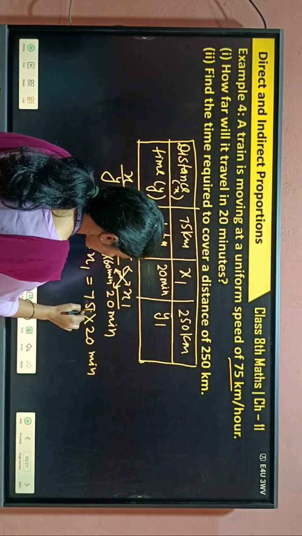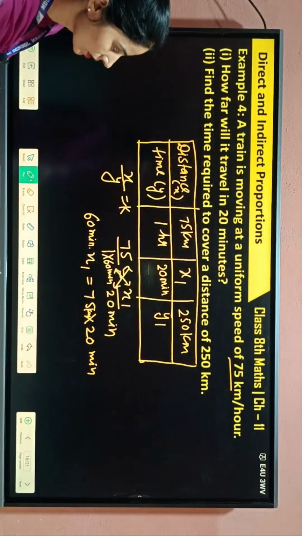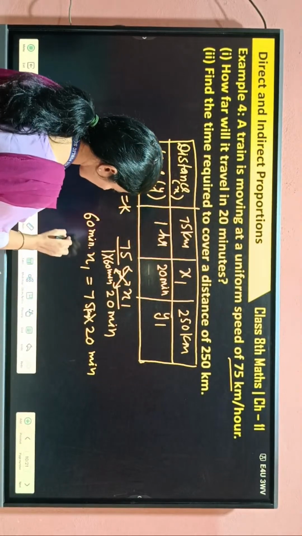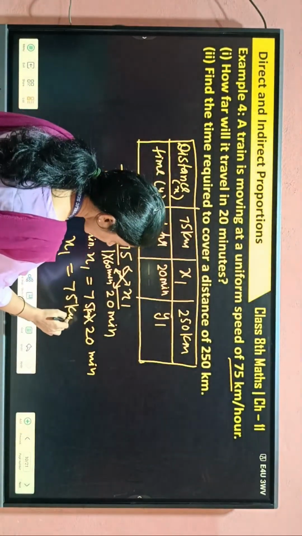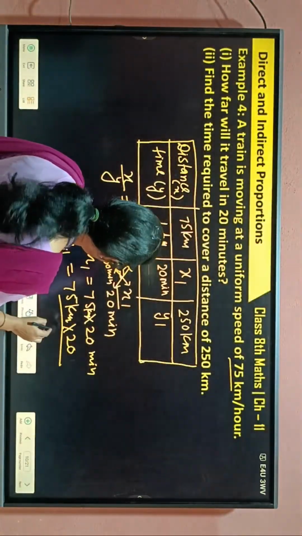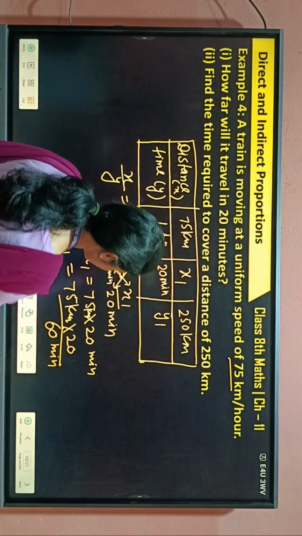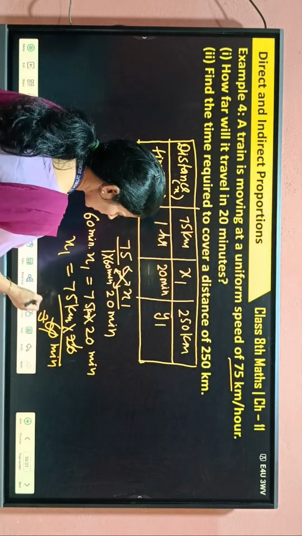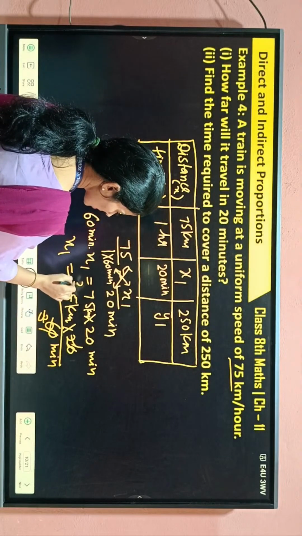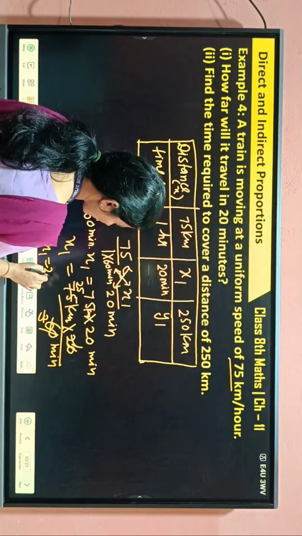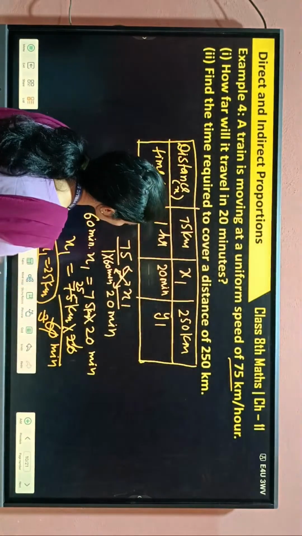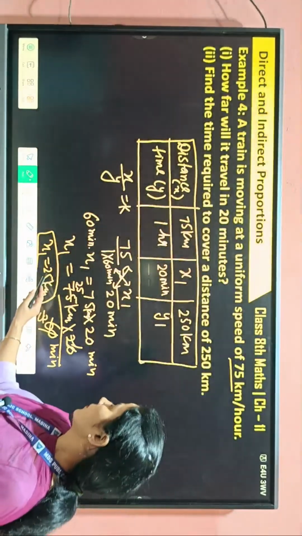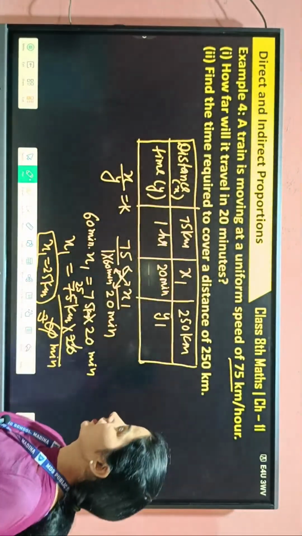We can also convert minutes to hour. x1 equals 75 kilometer into 20 by 60. 0 and 0 cancel, 2 1s are 2, 2 3s are 6, 6 3s are 18... so x1 equals 25 kilometer. In 20 minutes, the train will travel a 25 kilometer distance.